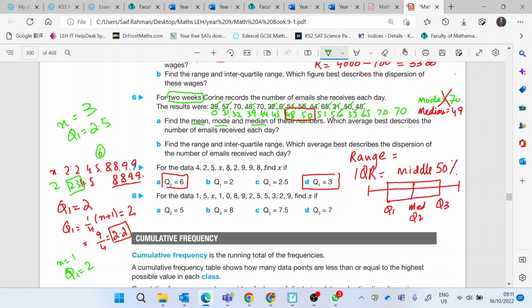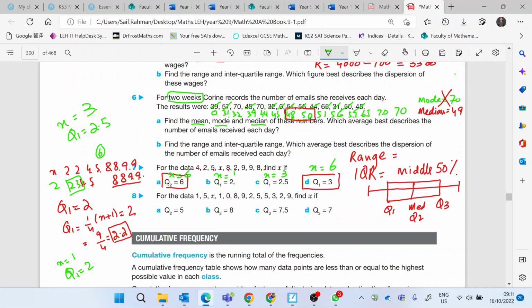So x has different values. If x is equal to 6, Q2 is equal to 6. If x is equal to 1, Q1 is equal to 2. And if x is equal to 3, Q1 is 2.5. So these are the solutions to our question.